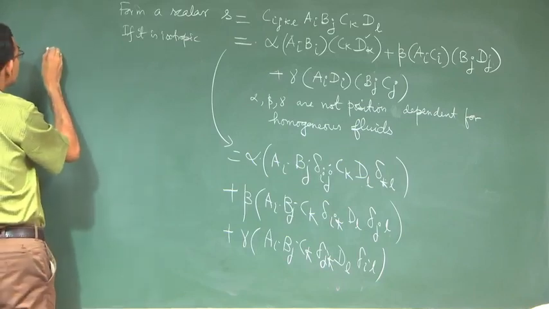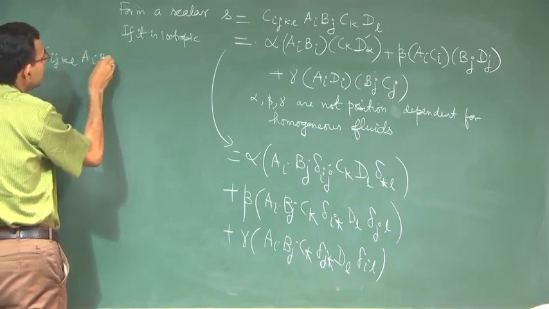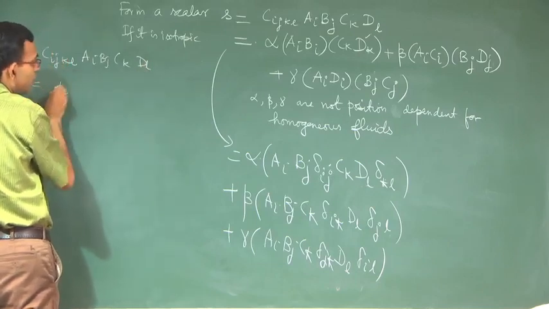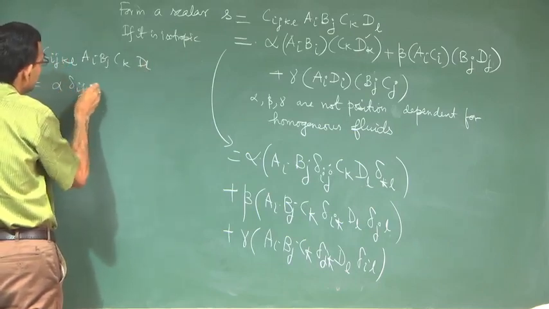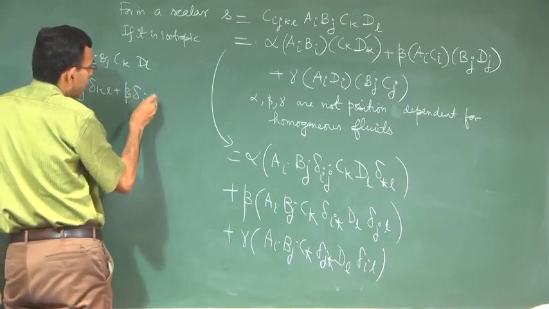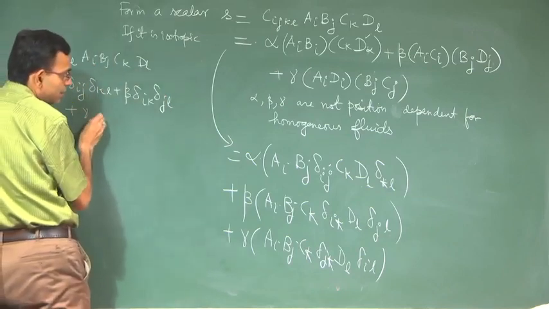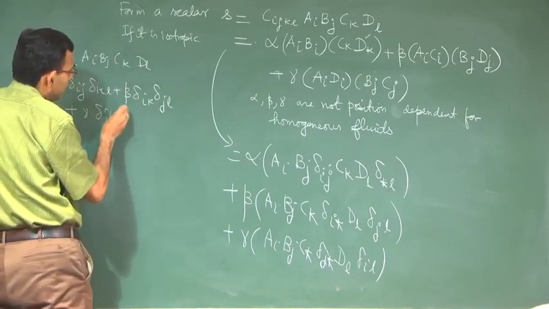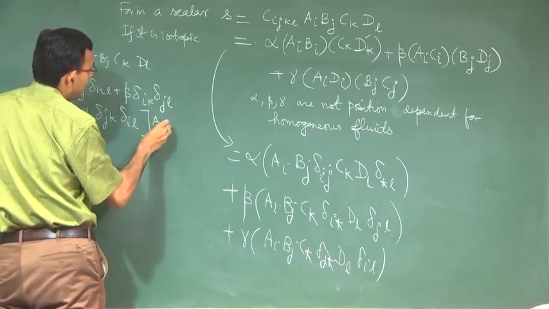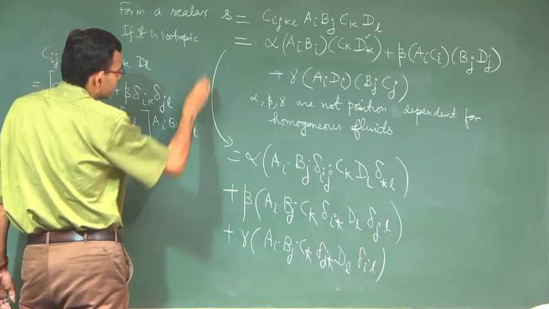So, Cijkl ai bj ck dl will be equal to alpha delta ij delta kl plus beta delta ik delta jl plus gamma delta jk delta il, this into ai bj ck dl.